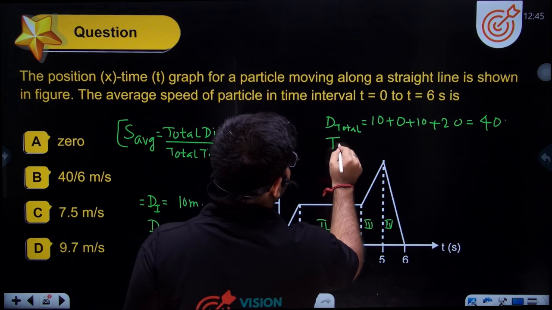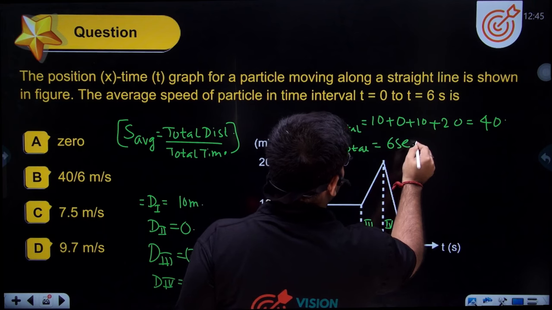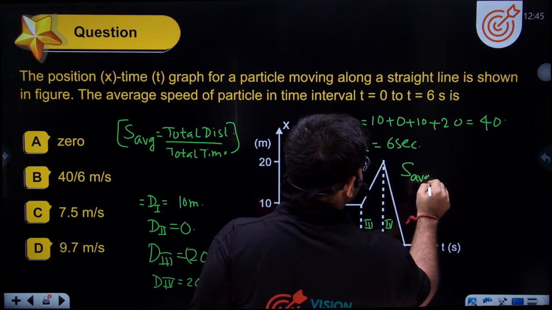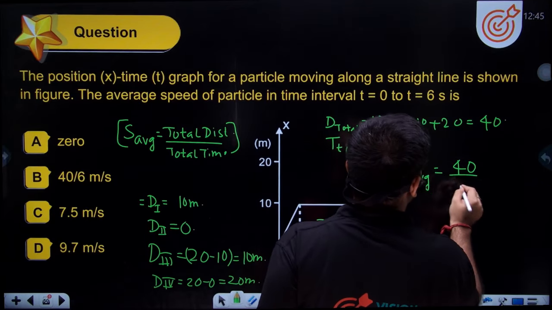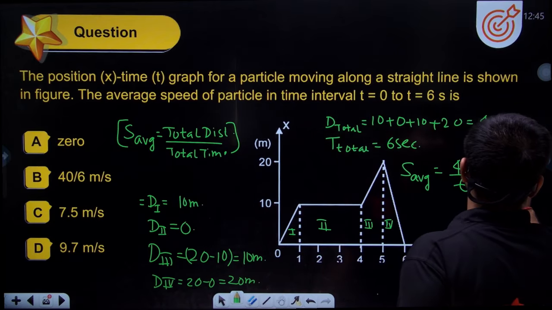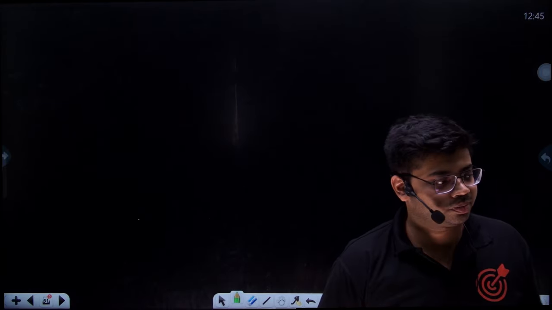So time total is basically 6 seconds. So your average speed becomes 40, total distance covered, by total time taken, 6. So your answer is 40/6 meter per second. Let us come back.